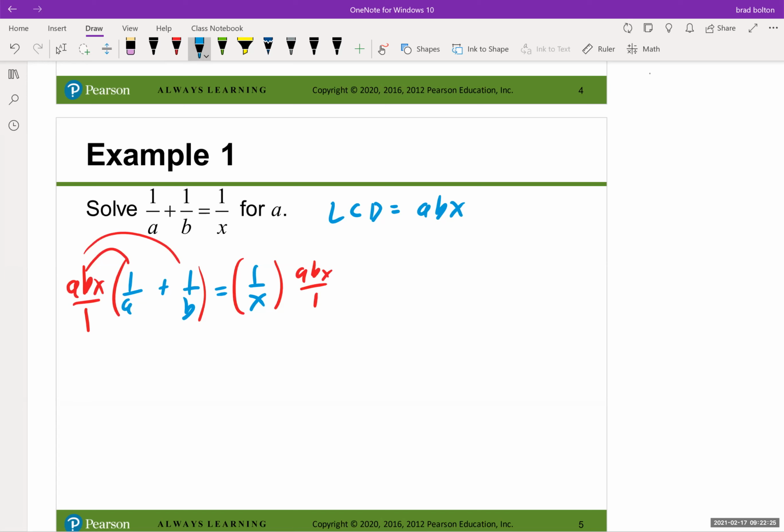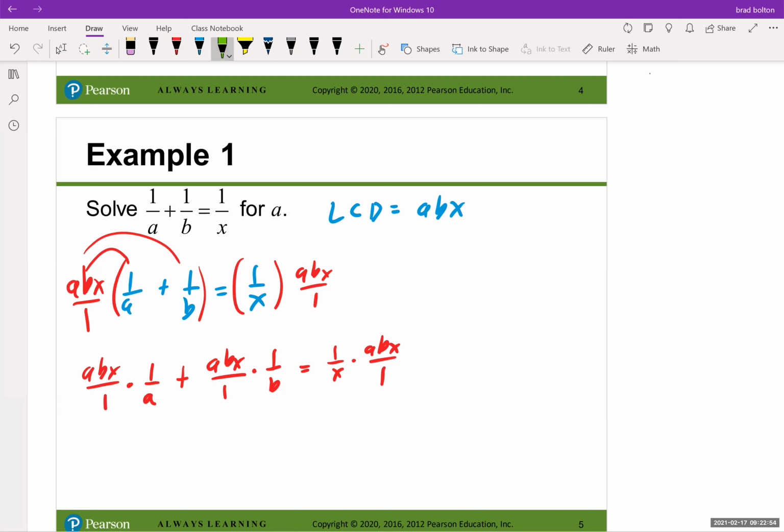Now again, you don't have to write this out every time, but what you're really doing is abx over 1 times 1 over a plus abx over 1 times 1 over b equals 1 over x times abx over 1. That's what the distributive property does. So everybody gets an abx to multiply by, okay?